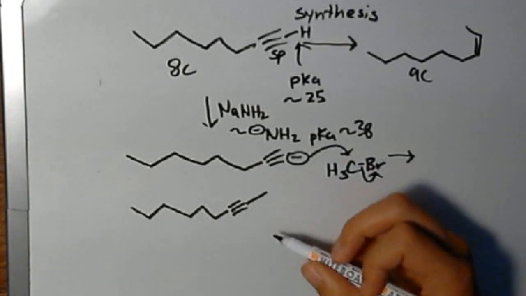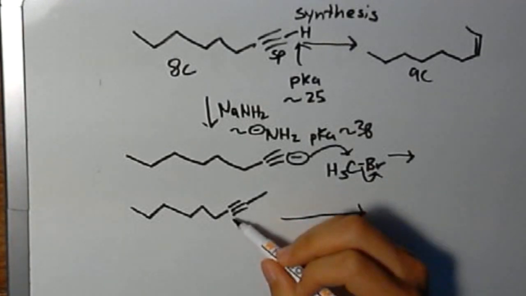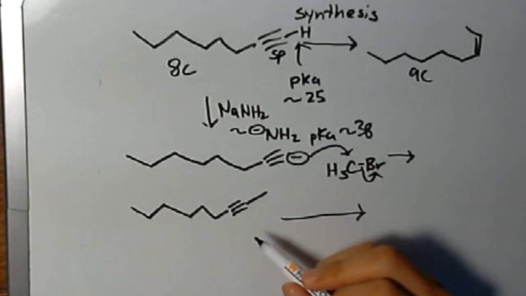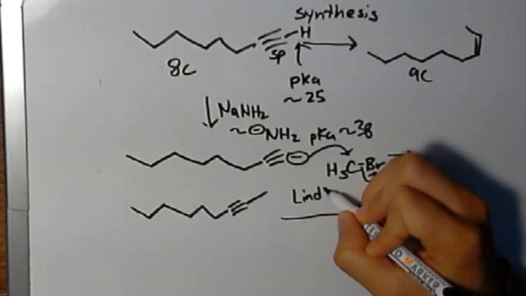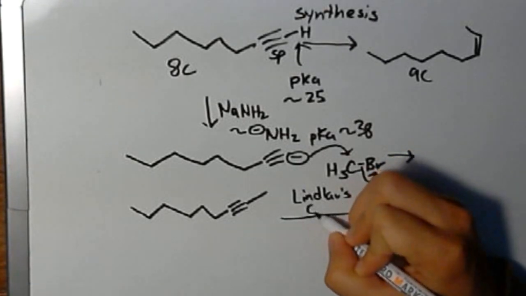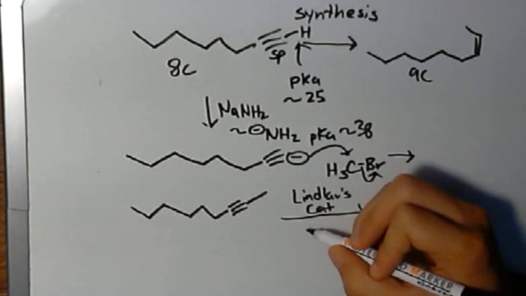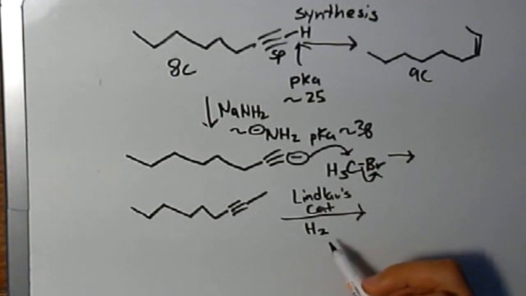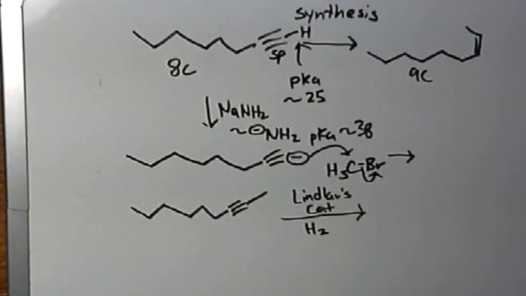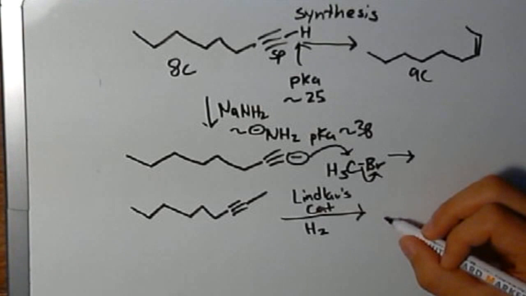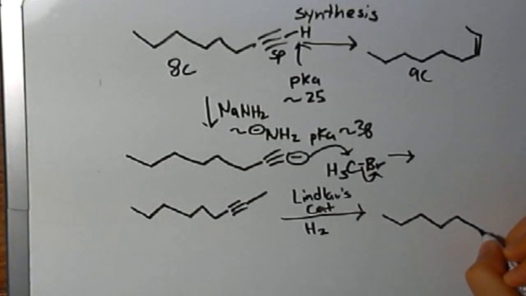And for cis relationships, we know to go from an alkyne to a cis alkene, we use Lindlar's catalyst and H2. Don't forget the H2, because otherwise you won't have protons to add, and your answer won't be correct. So once we use Lindlar's catalyst and H2, we are going to get our product.